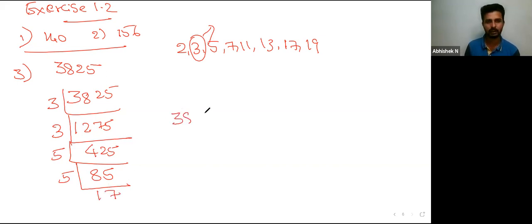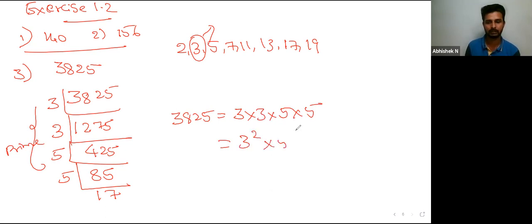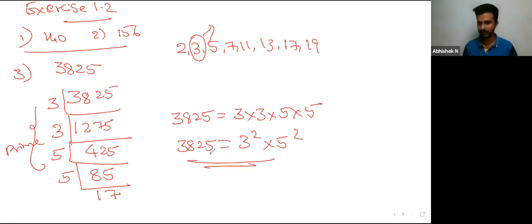So this 3825 can be expressed as a product of prime factors. You can see these are all prime numbers. So 3 into 3 into 5 into 5, that is further written as 3 square into 5 square. Any composite number can be written as a product of prime factors, and this will be unique. So 3 and 5 are different numbers, right?